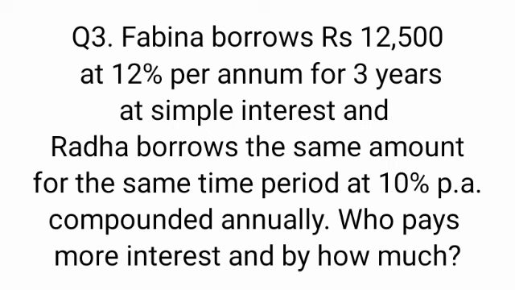Here the amount is the same and the time period is the same, but the rate of interest differs. For simple interest it's 12% per annum, and for compound interest it is 10% per annum. We have to calculate this for two different persons, one for Fabina, another for Radha.